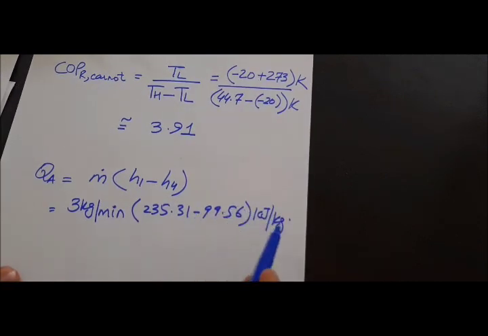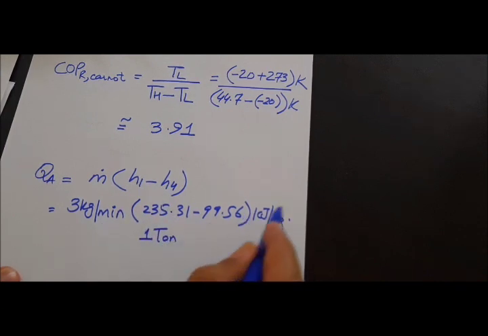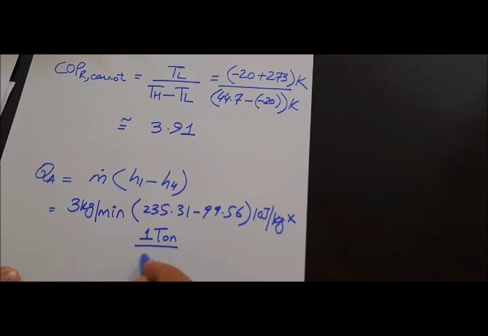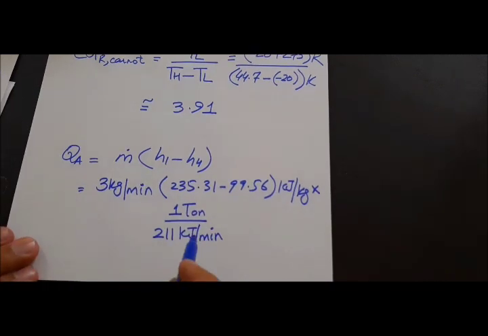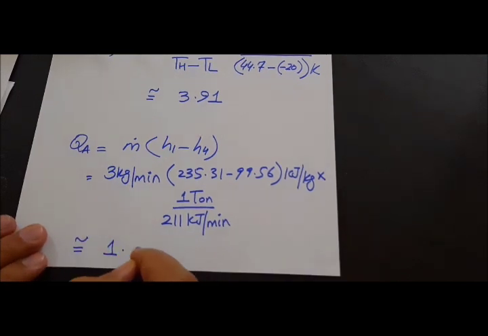We know that 1 ton of refrigeration is 211 kilojoule per minute. After solving this, you will see that the tonnage comes out to be nearly 1.93 ton.